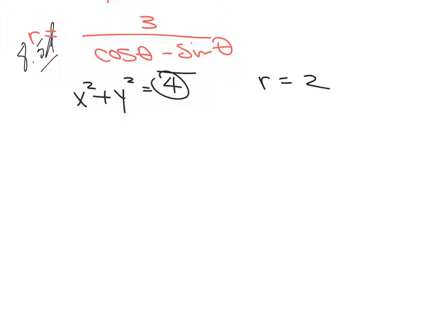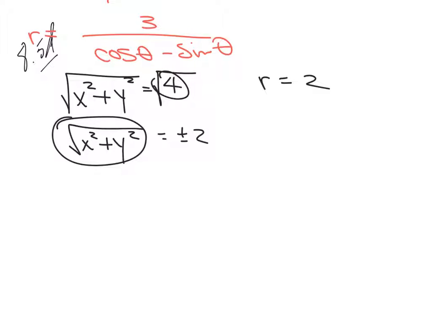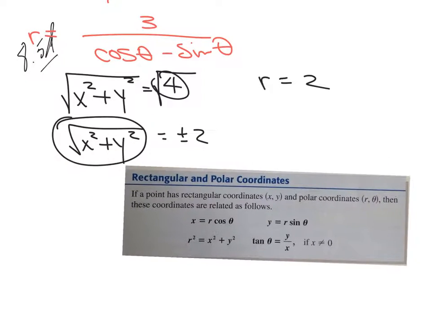I know that if I take the square root of both sides, I get plus or minus 2. And then I know this from my notes, let me see if I can get it on here. Yep, there it is.